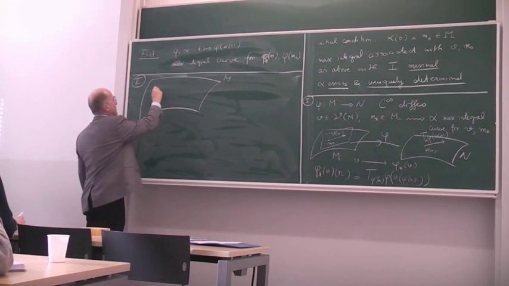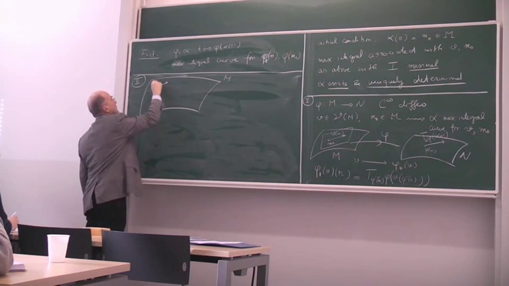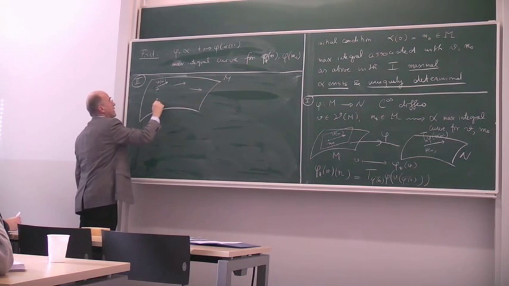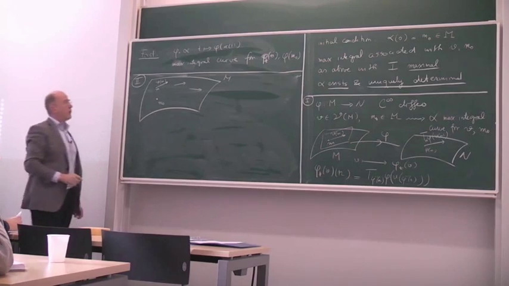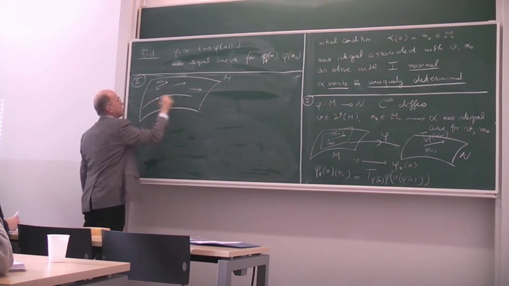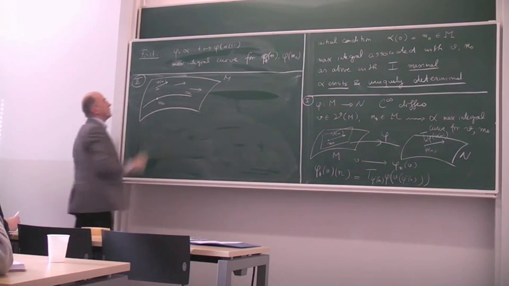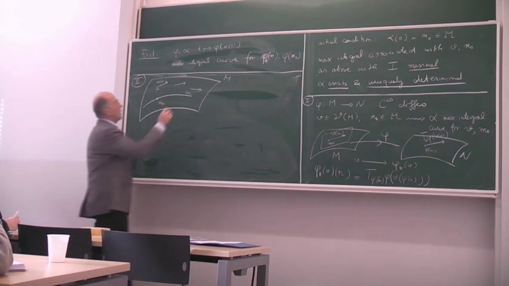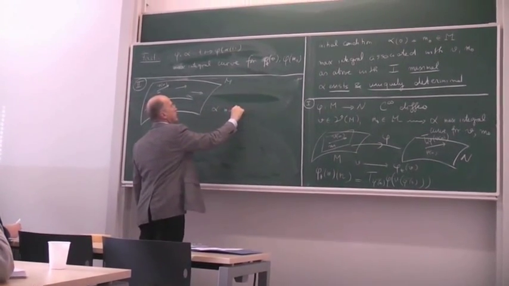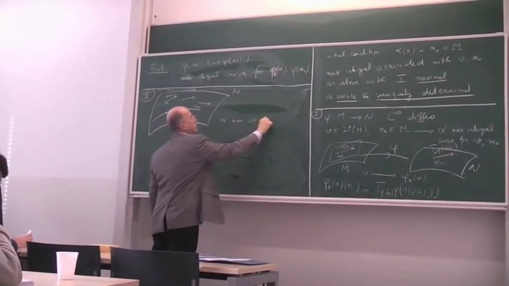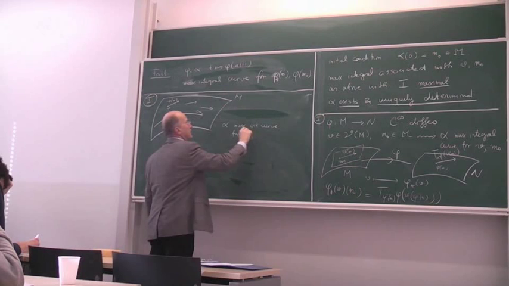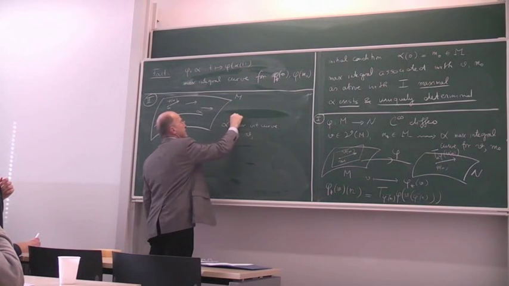And suppose that we have a vector field V on that manifold, and suppose that we have an initial point M0. And suppose that alpha is the maximal integral curve for V, and I should really specify the interval here.